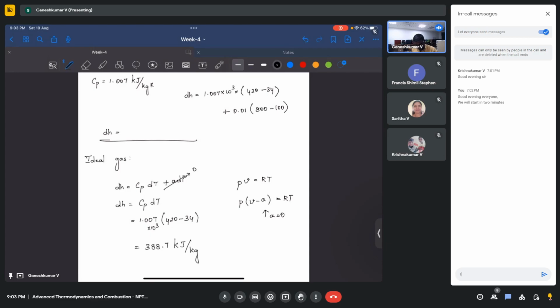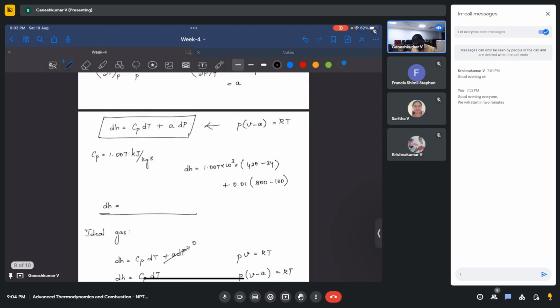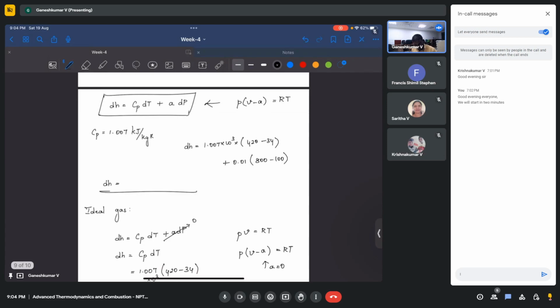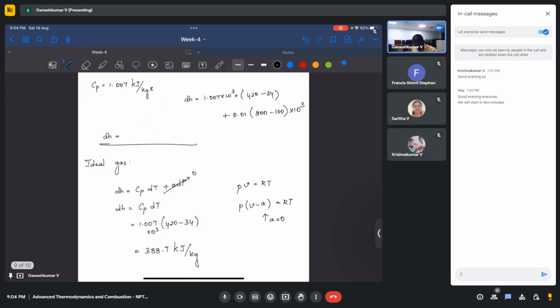And for the other gas, it is around 0.01 into 700 into 10 to the power 3 plus 388, so getting something like 395.7 kilojoules per kg.